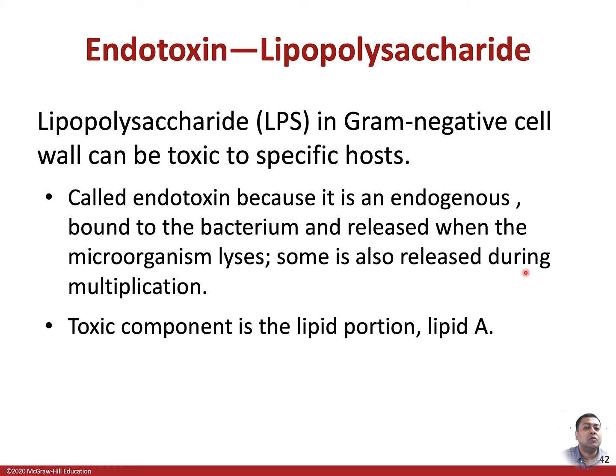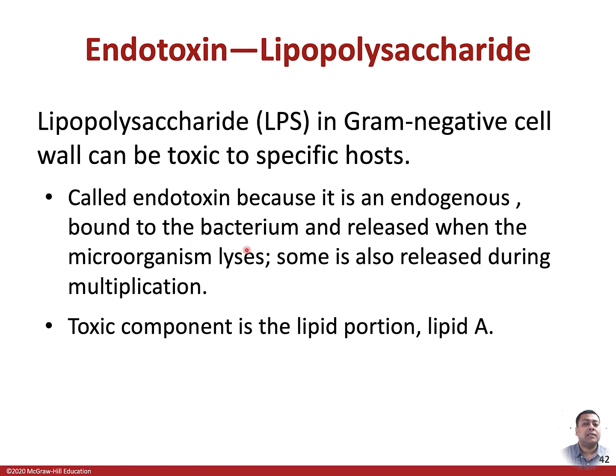It is also released during multiplication. But mainly, if your immune system is killing the bacteria, these endotoxins can be released after the bacteria are killed. Or if you are taking an antibiotic that suddenly kills the bacteria and lyses them, it can release the endotoxin and you can have an endotoxic shock.